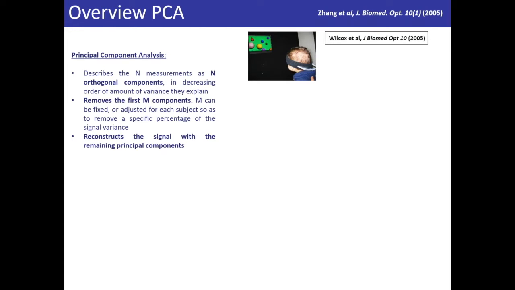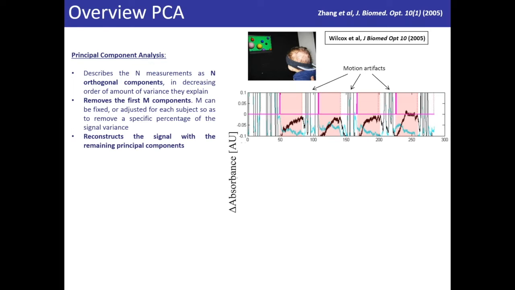This study by Teresa Wilcox is with 6-month-old babies. For this age group, the dominant source of variance is typically motion artifacts. I'll show you a data set here, and you'll understand what I mean. In the study, babies are watching a visual display, marked here as these red patches.